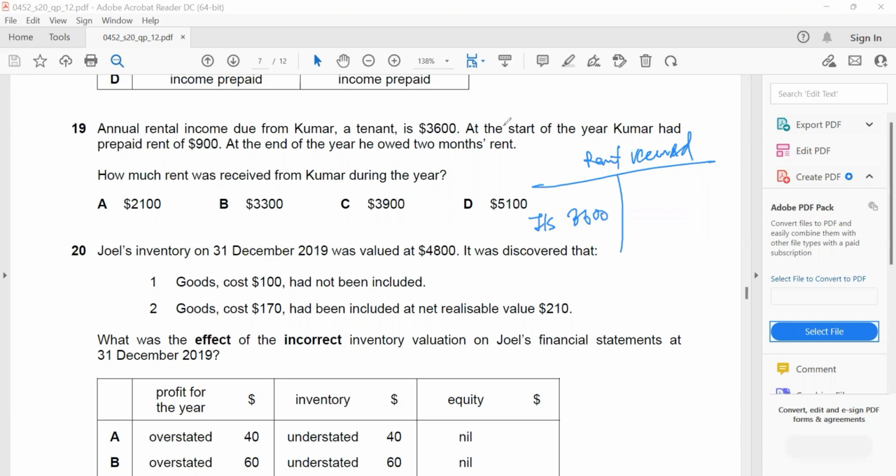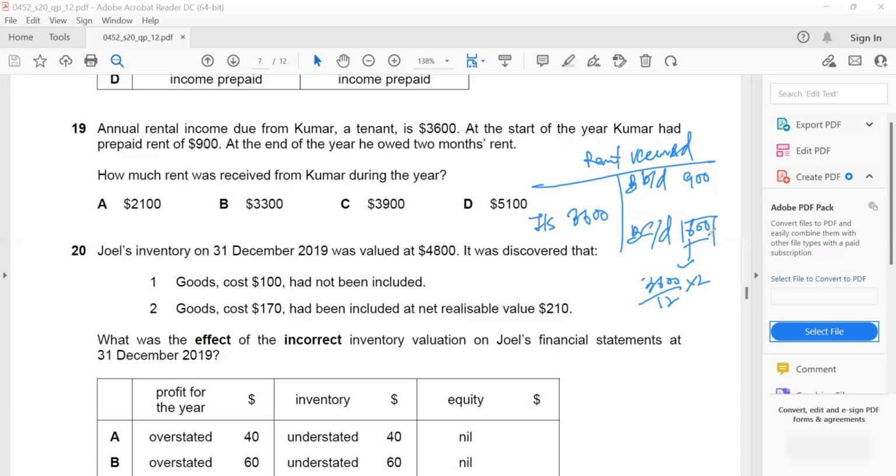And then at the start of the year, Kumar has prepaid rent of 900. When we have prepaid rent, this is a liability. Income prepaid is a liability. At the end of the year, he owed 2 months rent. So how to calculate these 2 months? Take 3,600 divided by 12 times 2, so we get 600 here.